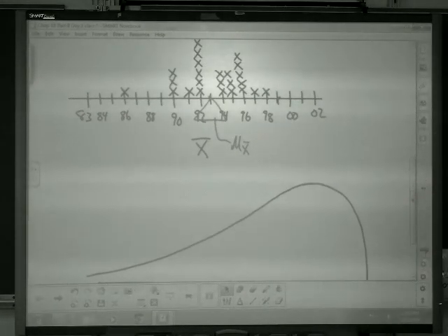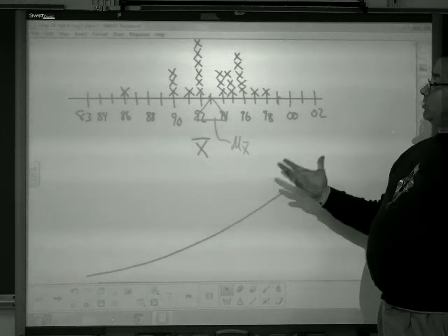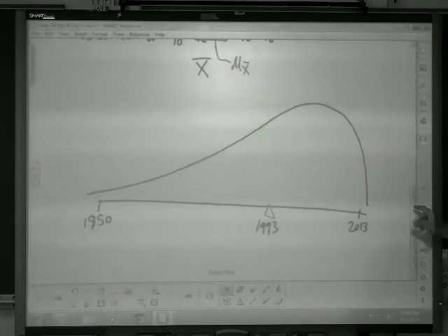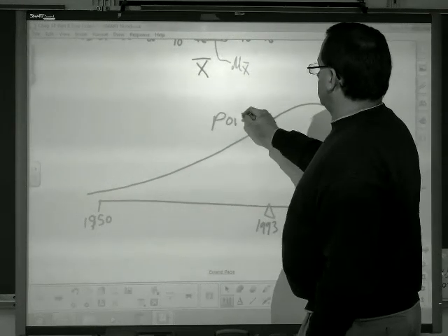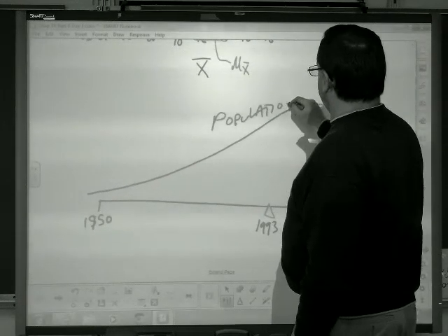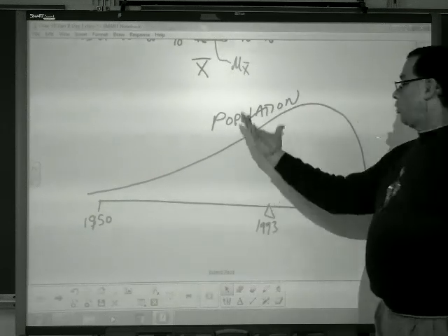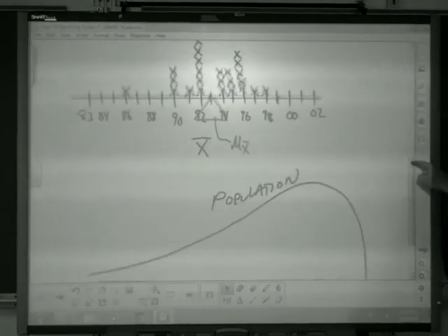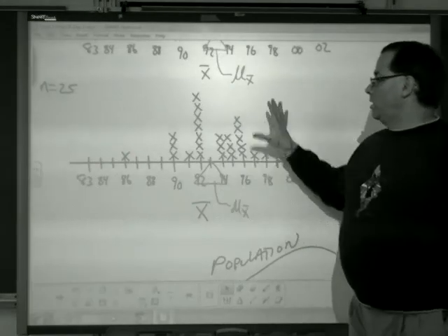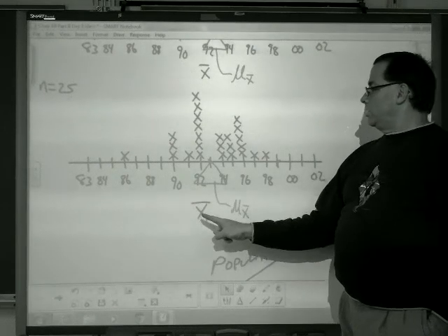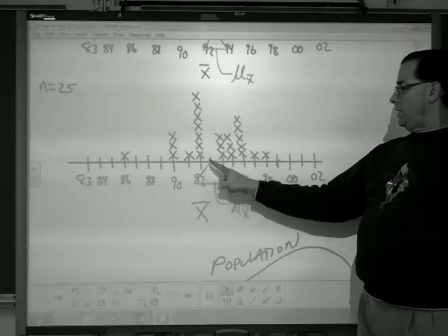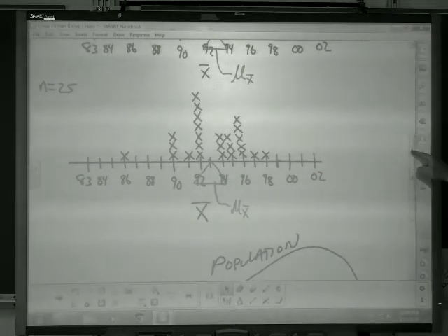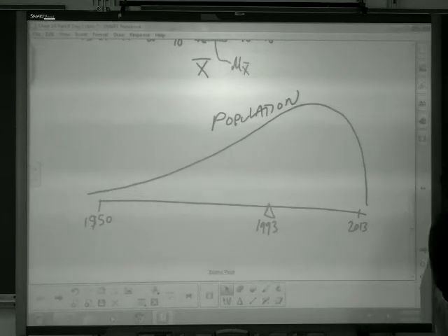And the biggest thing that you had to get from today was the fact that no matter what the shape of the population is, again, this is our population, if we sample appropriately from it, our distribution of averages will be fairly normal, and its mean should be very close to the true population mean.